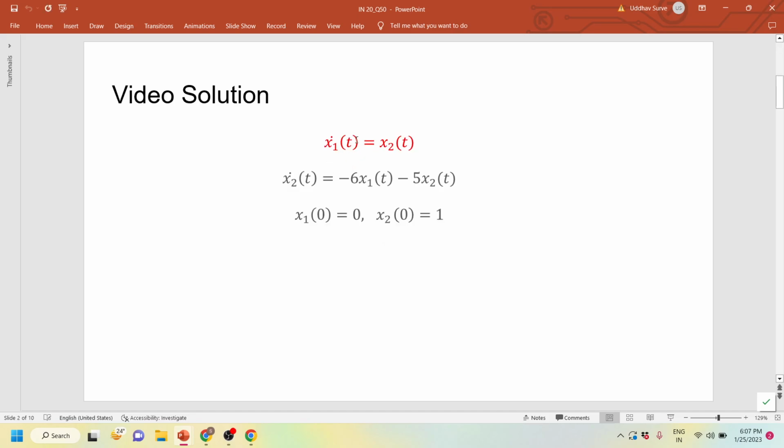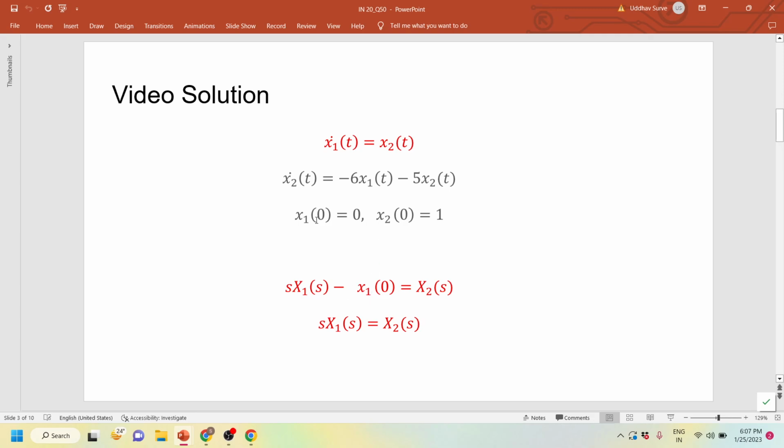x1 dot of t is equal to x2(t). By taking Laplace transforms, the Laplace of the differential operator dx1/dt is s X1(s) minus x1(0). This is the Laplace domain translation, equal to X2(s), where capital notation signifies Laplace domain and small notation is in time domain.